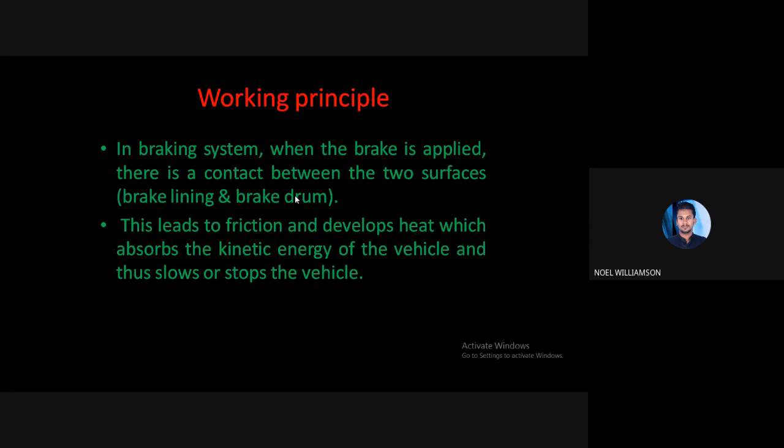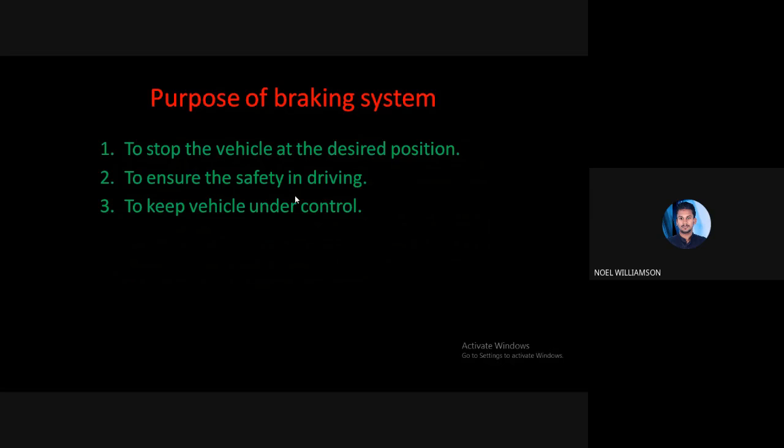Now we will go on to the purpose of the braking system. Simple concepts. What are the main purposes of a braking system? First one, to stop the vehicle in the desired position.